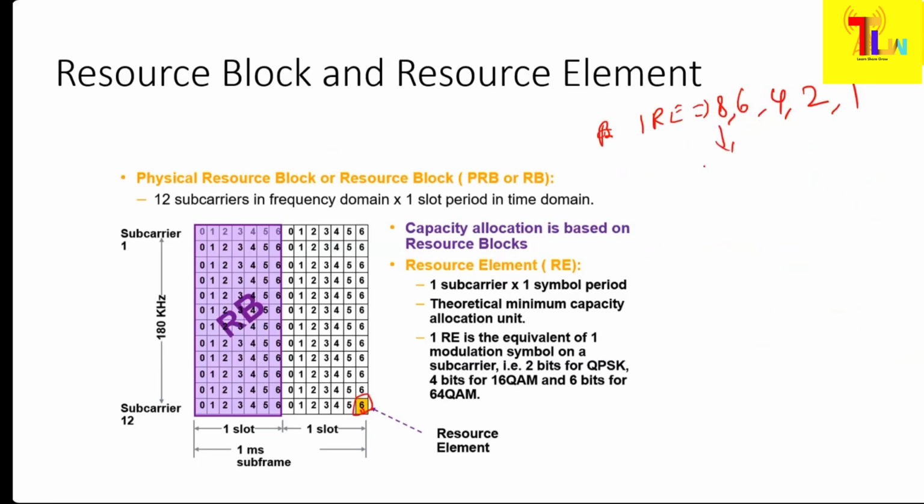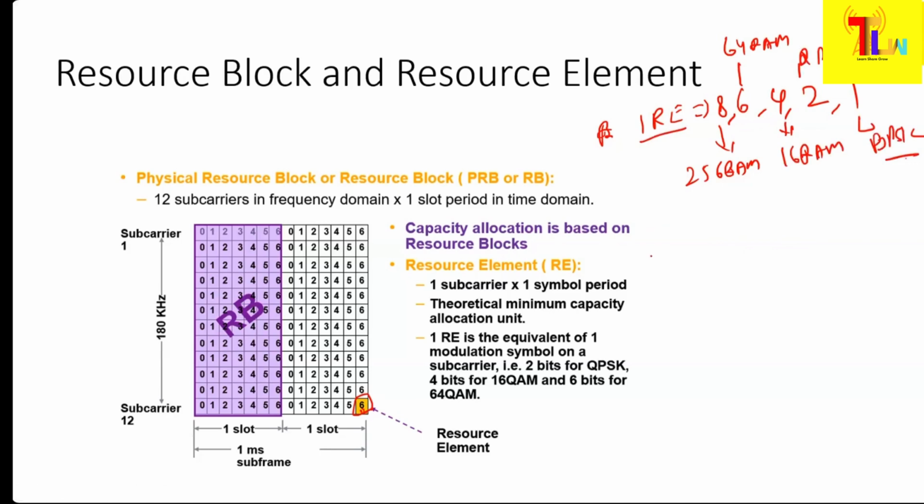If we are using the modulation scheme 256 QAM, 64 QAM, we will discuss that as well, 16 QAM, QPSK, and then BPSK. Depending upon what modulation scheme the scheduler is assigning or the UE is using, one resource element can have a different number of bits.